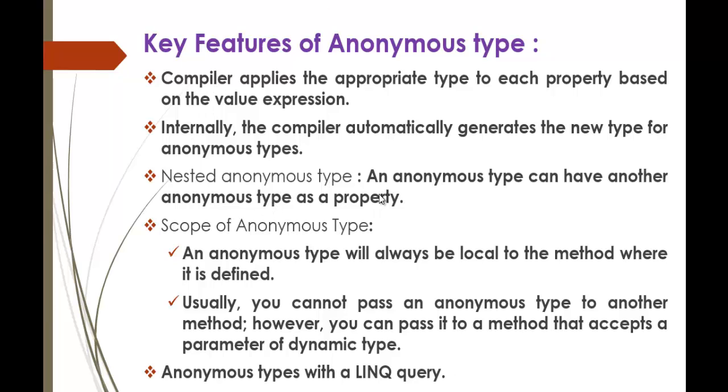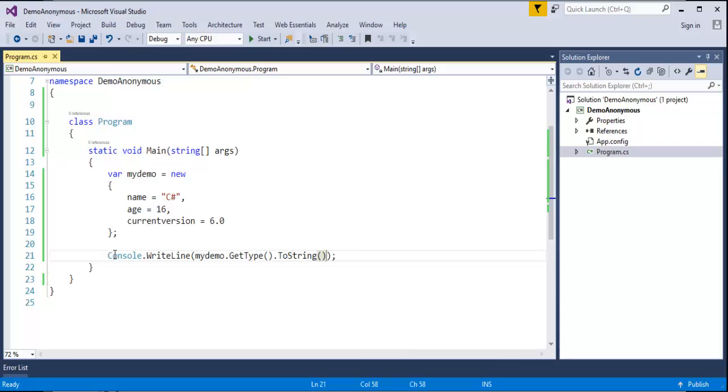And a nested anonymous type can have another anonymous type as a property. Let me remove this. Now we are going to see a nested anonymous property. We already have the anonymous type, my demo, here. Now to that anonymous type, we are passing an anonymous type as a property.